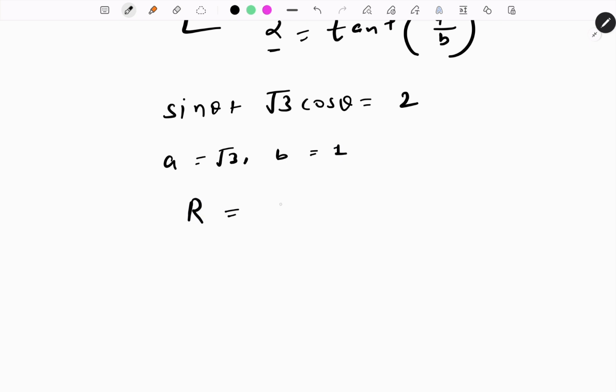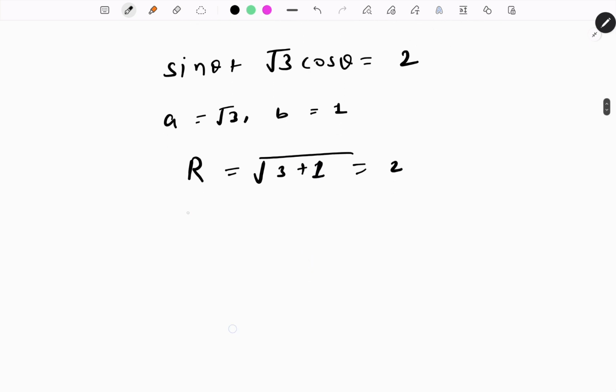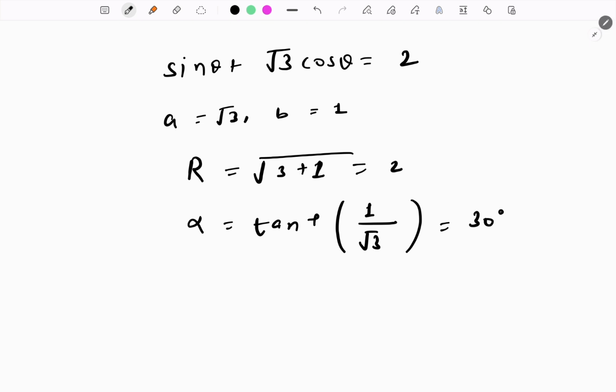So find r, that is root 3 plus 1, that is 2, and alpha, that is tan inverse of the coefficient of sine, that is 1, over the coefficient of cos, that is root 3, which is just 30 degrees. I am taking the principal value. So if we take the principal value, alpha comes out to be 30 degrees. So tan takes the value 1 by root 3 when alpha is 30.